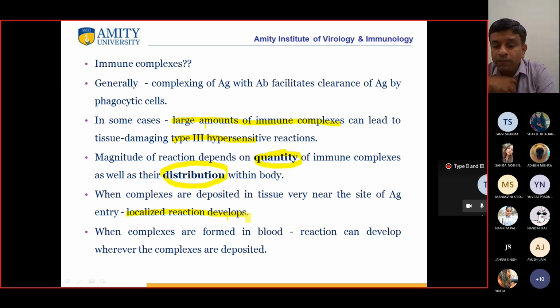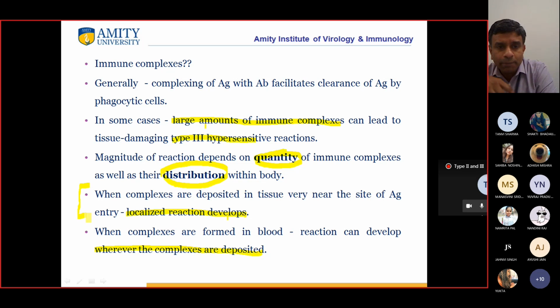But when these complexes are formed in the blood, the reaction can develop wherever these complexes are deposited, okay? So in the first case, there is a point from where the antigen will enter, right? And the reaction will start there, and there will be a localized reaction, right?